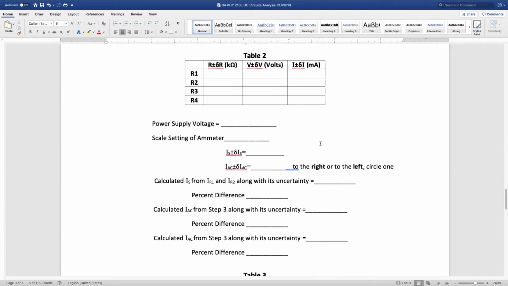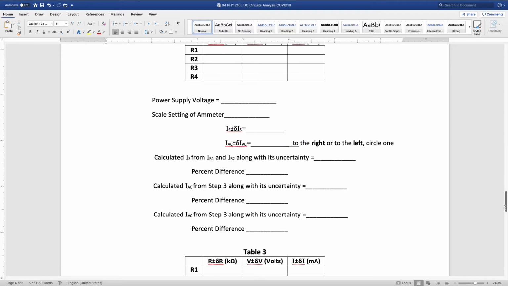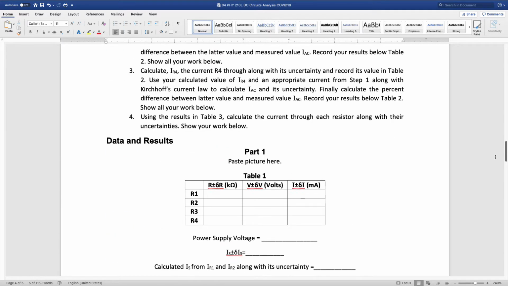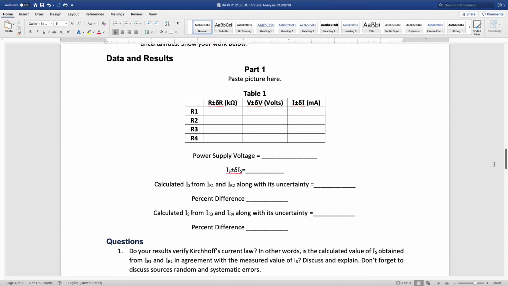Okay, so I added all this. Let me know if there's anything unclear.